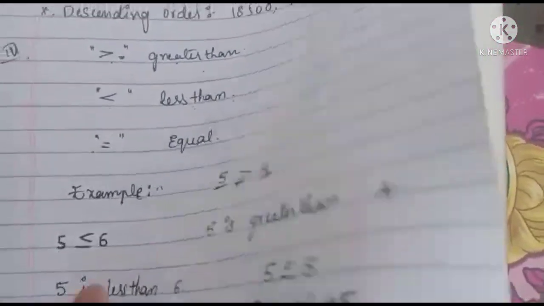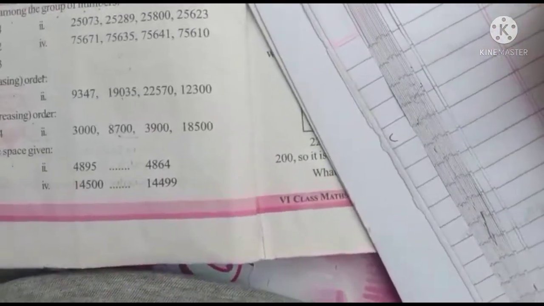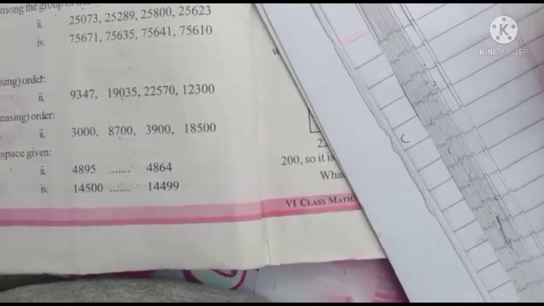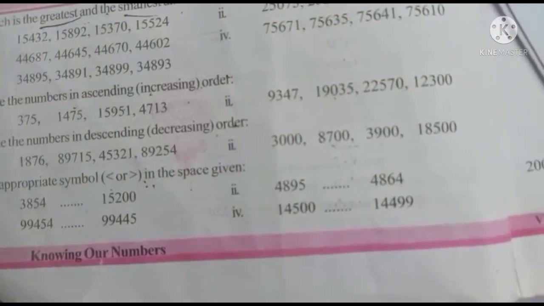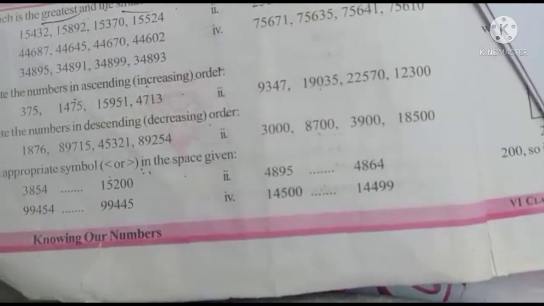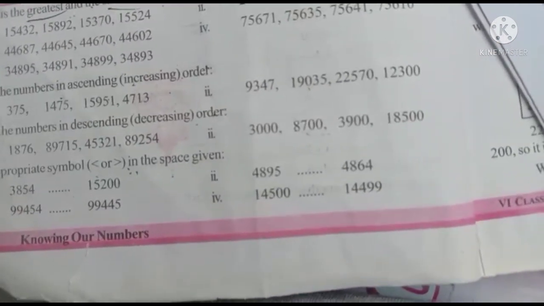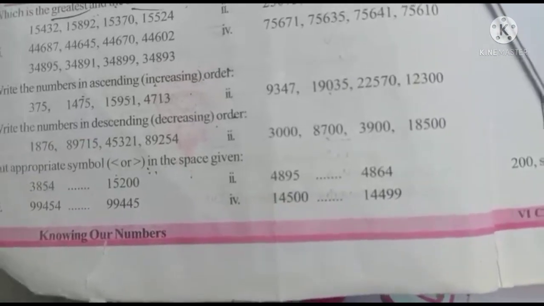Next, see the first one is 308,854 dash 15,200. Second one 4,895 dash 4,864.